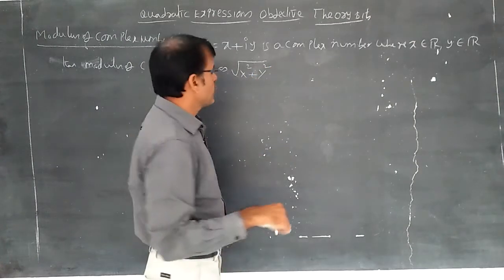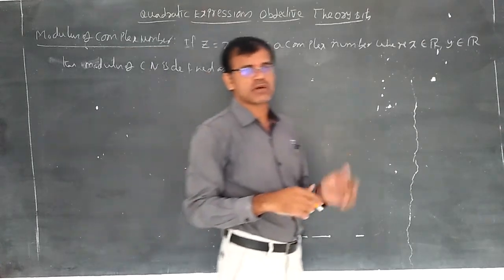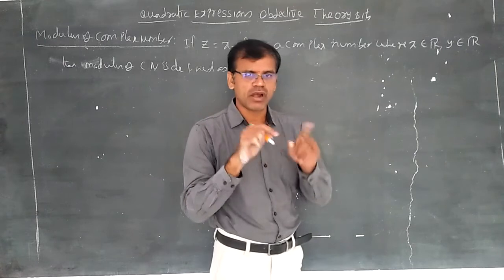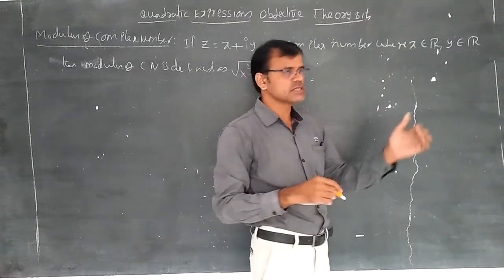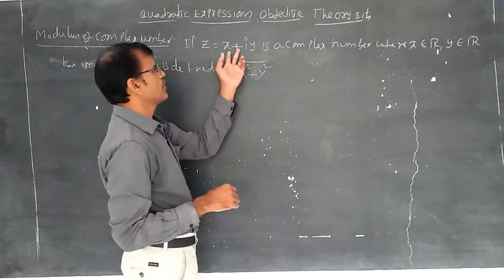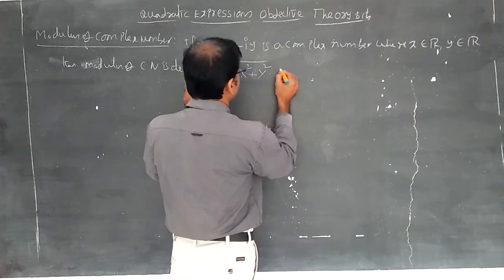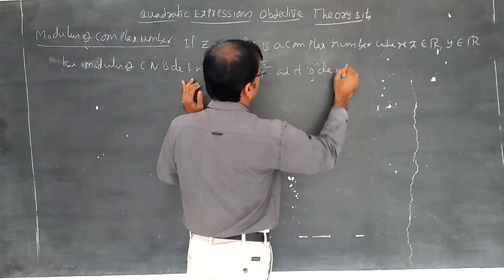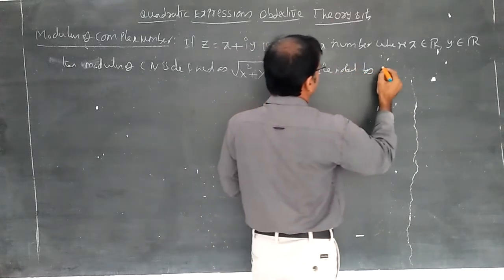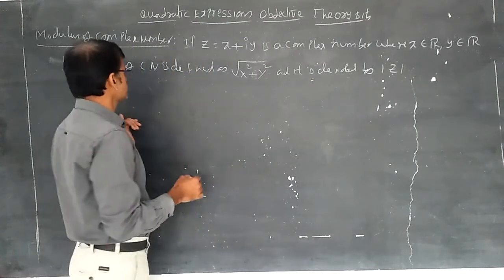Remember, as a vector r = xi + yj + zk, we took mod r as the root of x² + y² + z². In a similar way here, root of x² + y², and it is denoted by mod z.